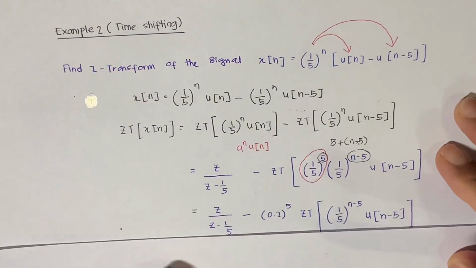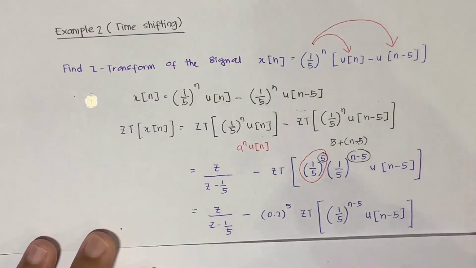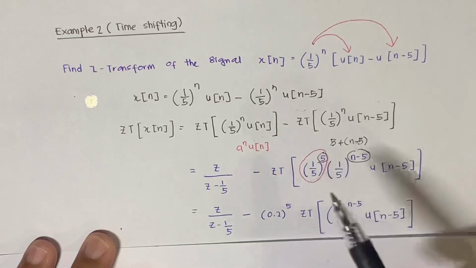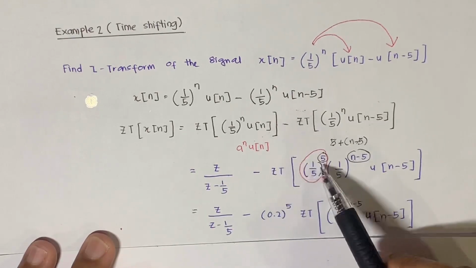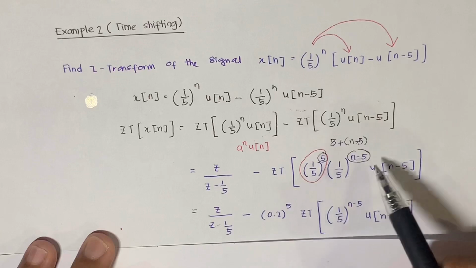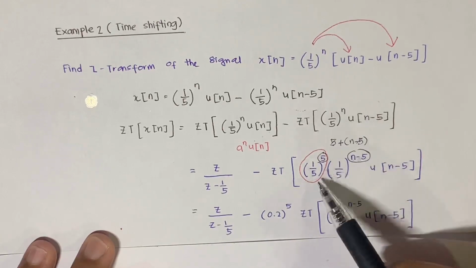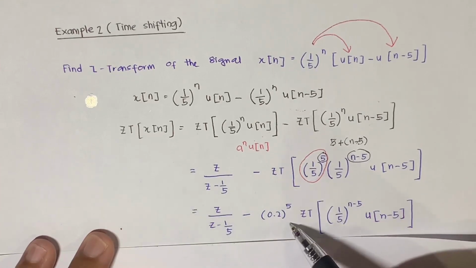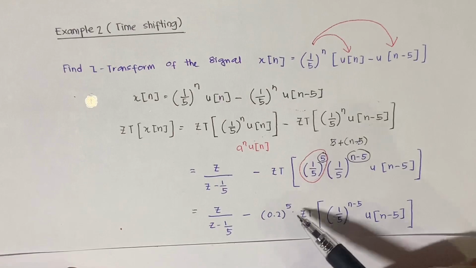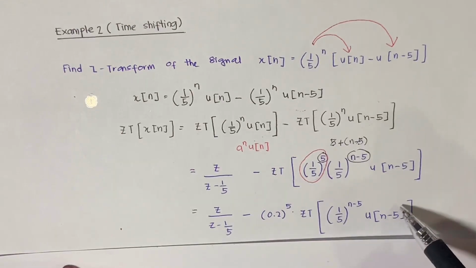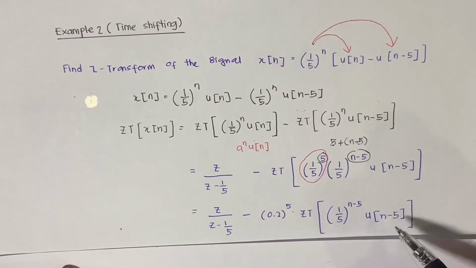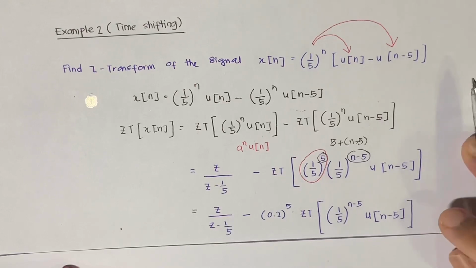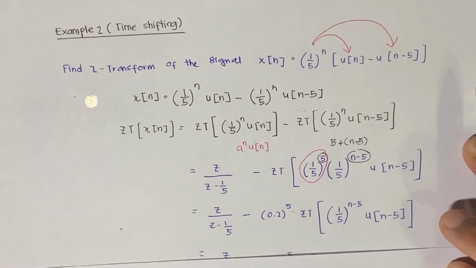Next step, I put this number outside because it is not related to n minus 5. This is just a number. Calculate using your calculator, and you will get 0.2 to the power of 5. Only this signal that we need to perform the transform on.